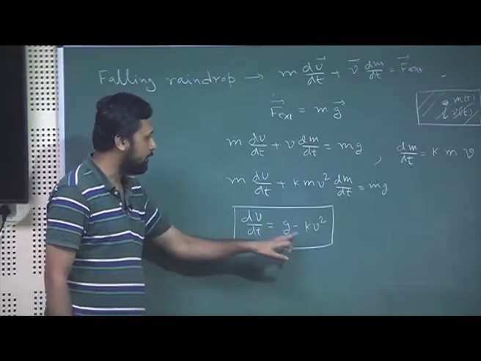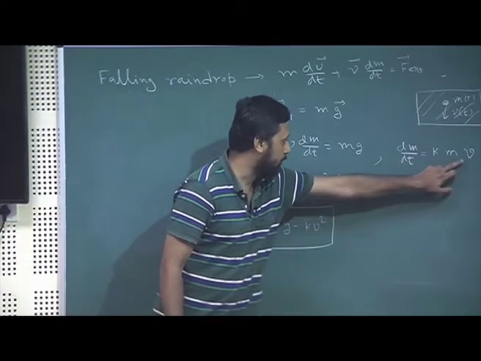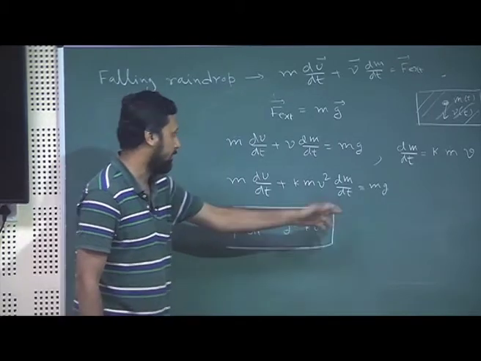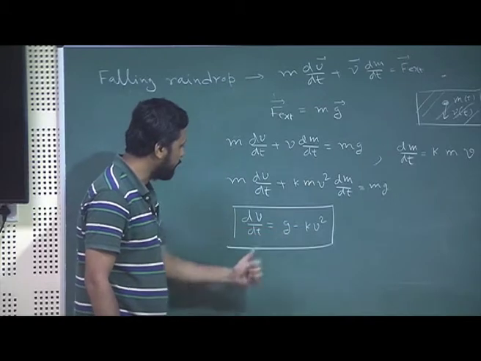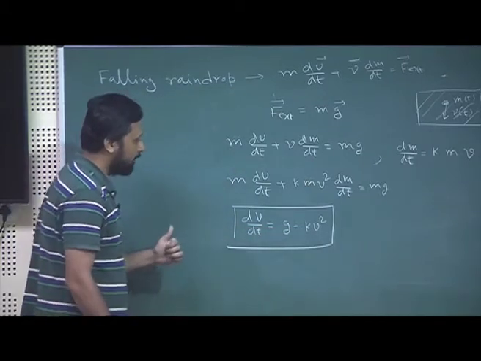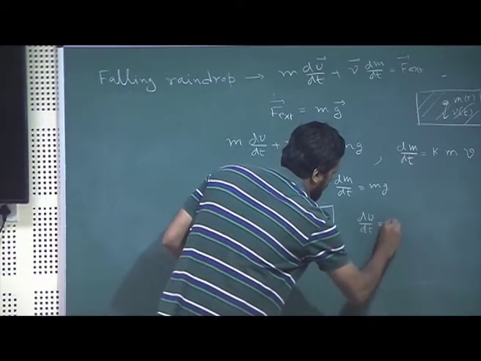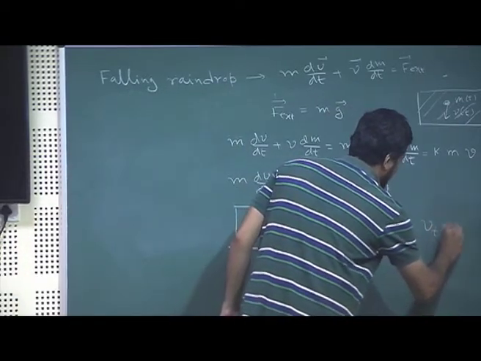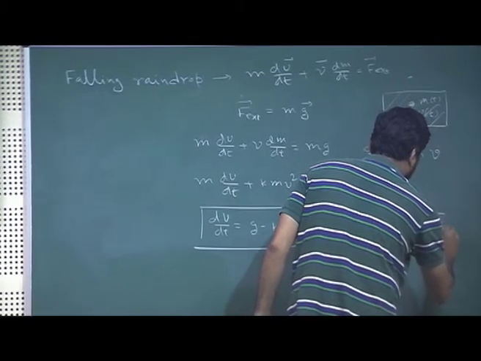Although there is no resistive force here, because the mass change is a function of velocity and mass, this term works as if it is an upward force working against gravity. So, in order to get the terminal velocity, once again we set dv/dt equal to 0, and we immediately get v_t equal to root g by k.